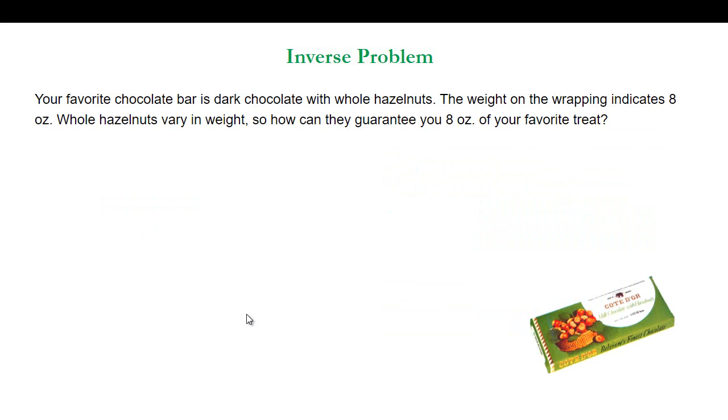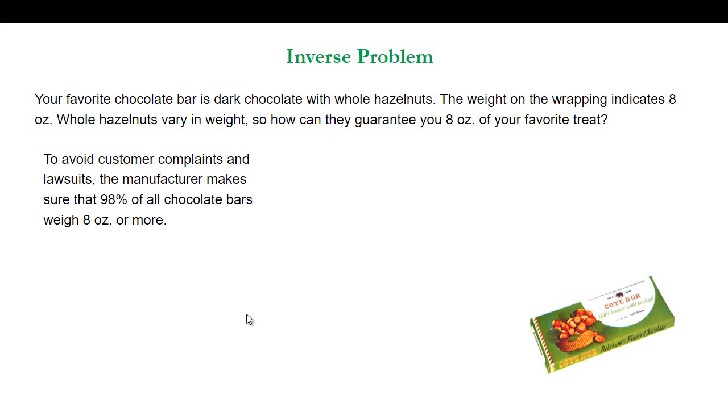Let's say we have a chocolate bar, and the weight on the wrapping indicates that its weight is 8 ounces. The whole hazelnuts vary in weight, so how can they guarantee you 8 ounces? Let's see how they would guarantee 8 ounces on their package.